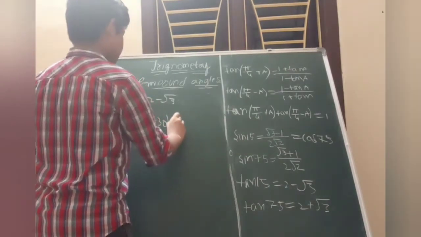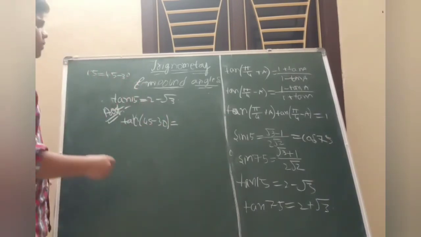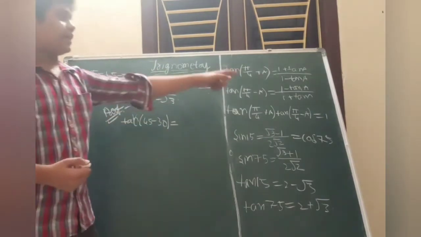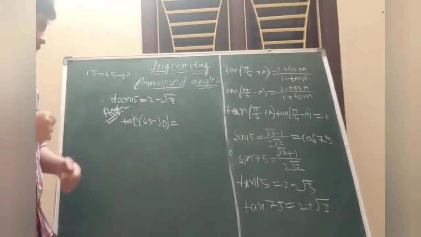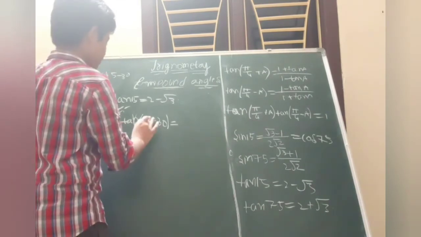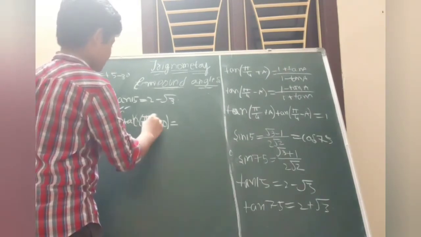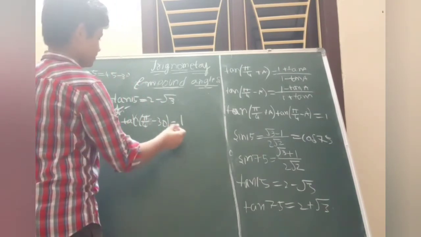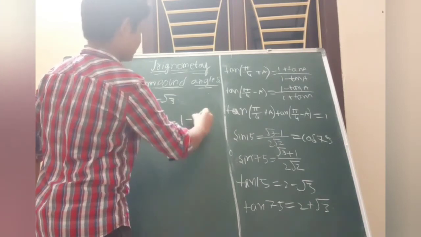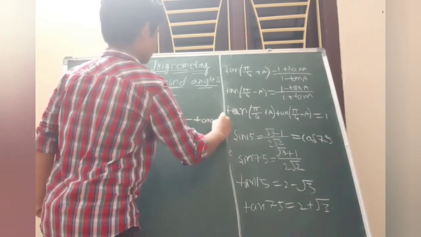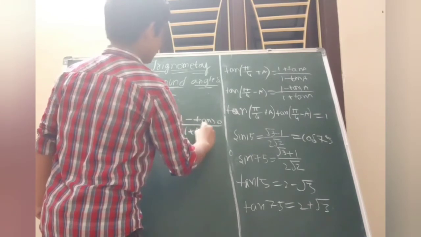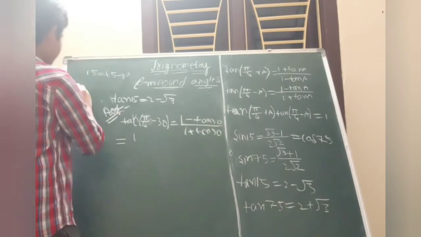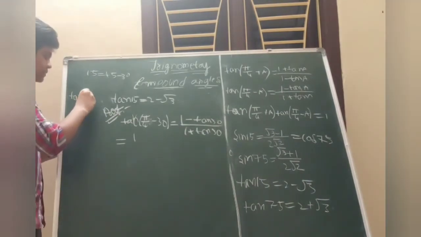We have already discussed the formula of tan of pi by 4 minus a, that is 1 minus tan a by 1 plus tan a. So from that formula, the value of tan 45 minus 30 is 1 minus tan 30 by 1 plus tan 30.